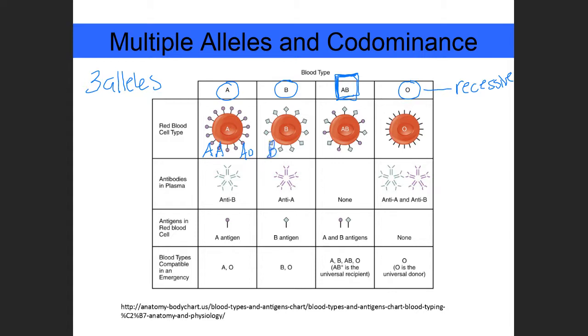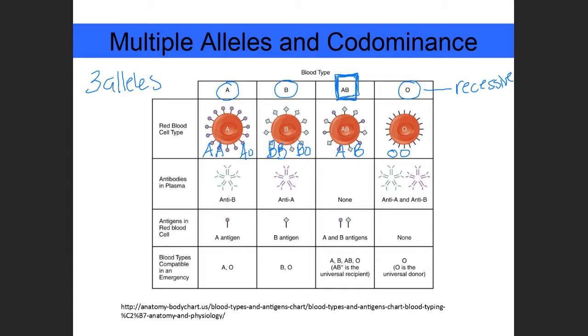They could be homozygous dominant for B, right? Or they could be a heterozygote and have both B and O. Now, if they have blood type AB, the only genotype they could have is an A and a B. And if they have blood type O, the only genotype that they have is OO, because O is recessive. So if you're showing the recessive trait, that means you have two copies of that.